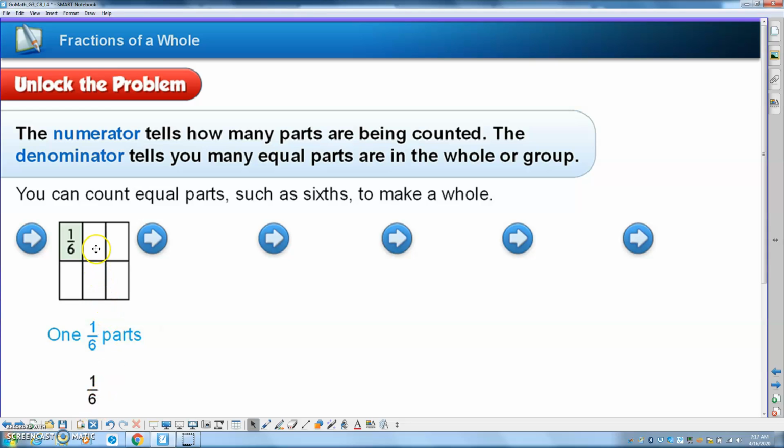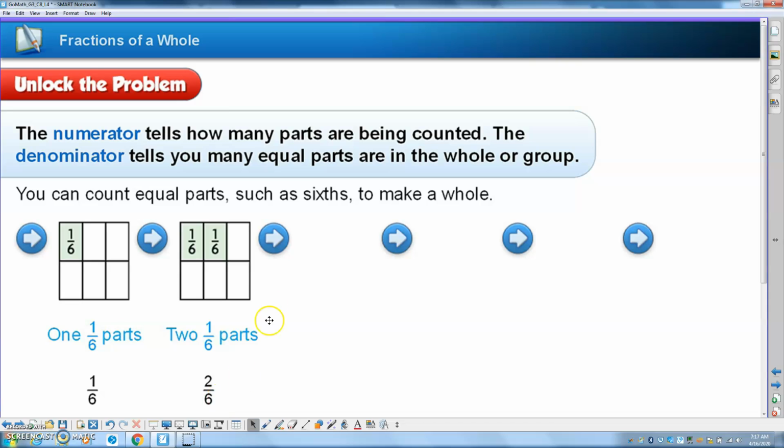Each of these pieces is 1/6. If we look at the next one, we now have 2 1/6 parts. Here's 1, here's 2. Each part is 1/6, and now we have 2 1/6 parts. So that fraction would be 2/6.